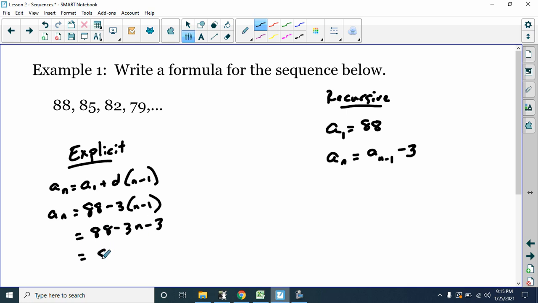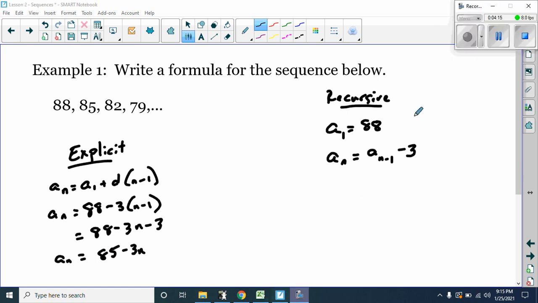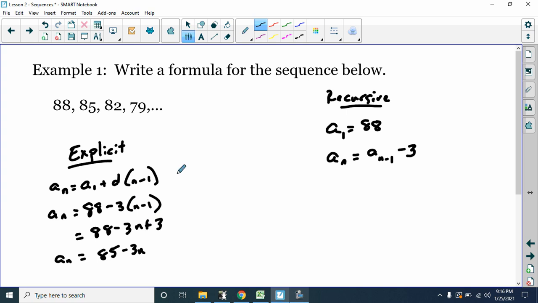That's what we have here, 85 minus 3n. It's a plus 3 here, no, minus 3. 91 minus 3n. If you don't remember the formula, another way you could do it, we're subtracting 3 over and over again, so we know it's going to be minus 3n.